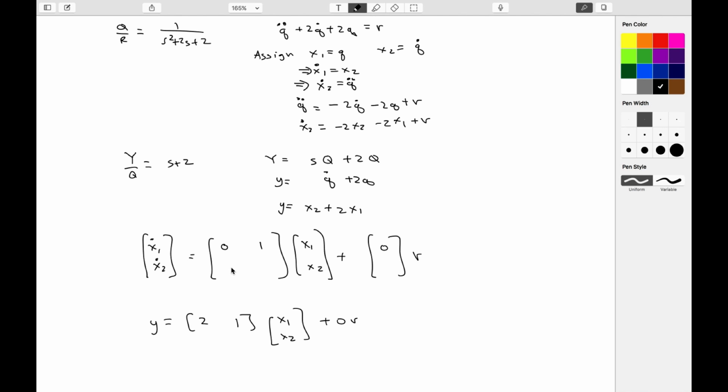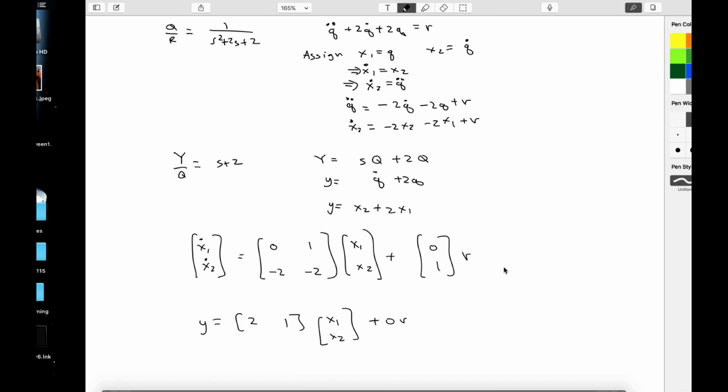And then x2 dot is equal to minus 2x1 minus 2x2 and 1r. Okay, so that gives me my whole state space representation. And that was really just a kind of a combination, if you will, of methods 2 and 3. So that constitutes method number 4.